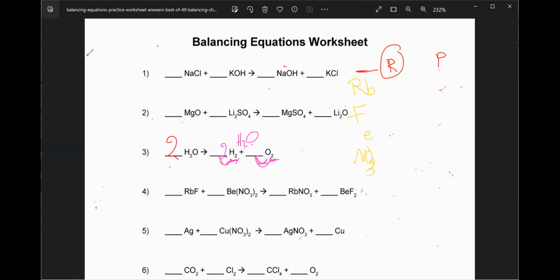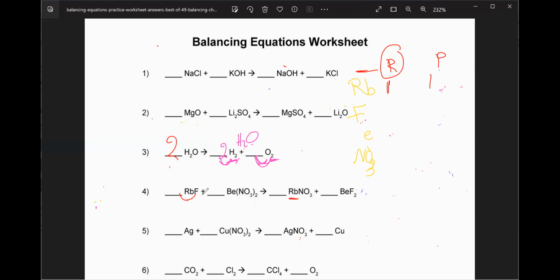I have to check the atoms. How much rubidium do we have? We have only one. Product, also one.